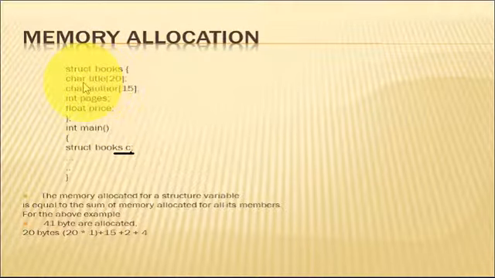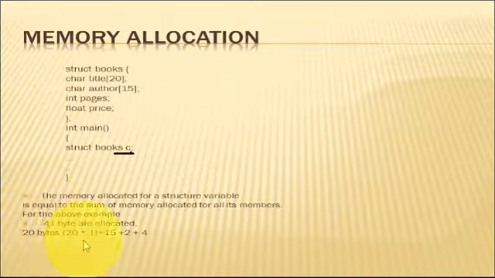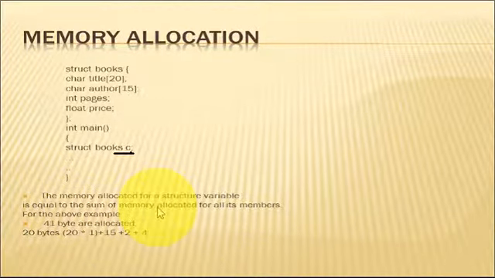We know that by default a character takes 1 byte, an integer takes 2 bytes, and a float takes 4 bytes. So for the array of characters, 20 into 1, plus for author 15 into 1, plus the integer 2 bytes, then the float 4 bytes. Totally it will take 41 bytes. This is 41 bytes for a single structure variable. If we declare more structure variables, each variable will be allocated that many bytes.